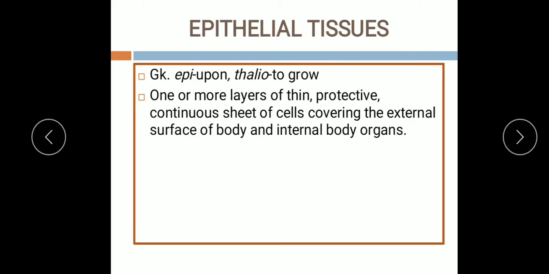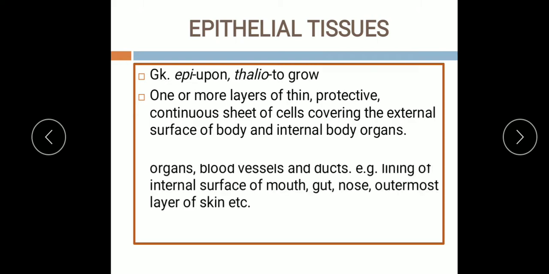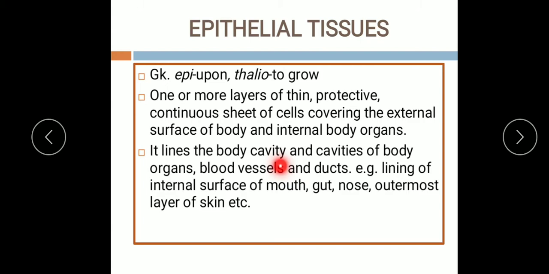This is epithelial tissue. Now it lines the body cavity and the cavities of body organs, that is the inner wall, blood vessels and ducts. For example, the lining of the internal surface of mouth, gut, nose, and the outermost layer of skin are all made up of the epithelial tissues.